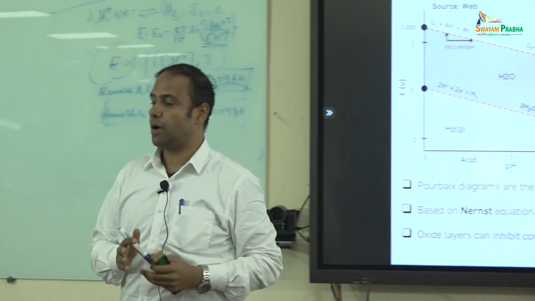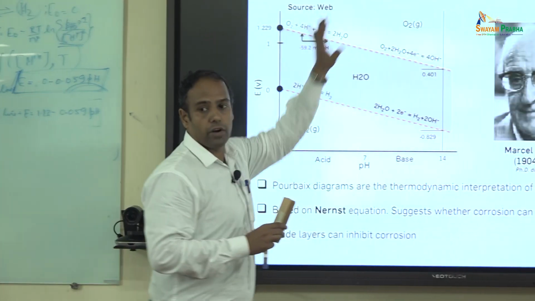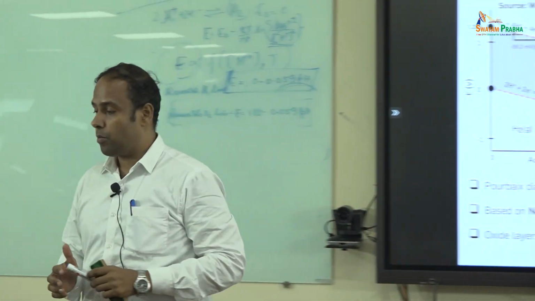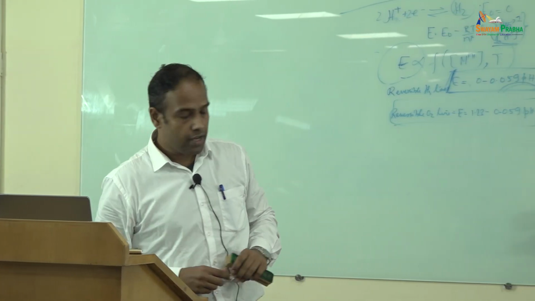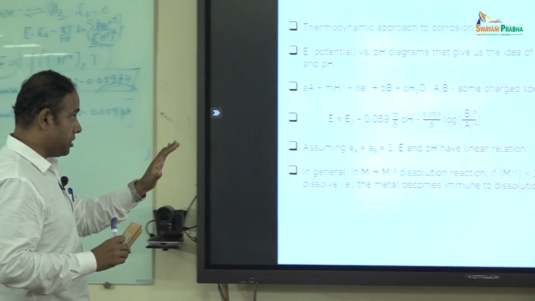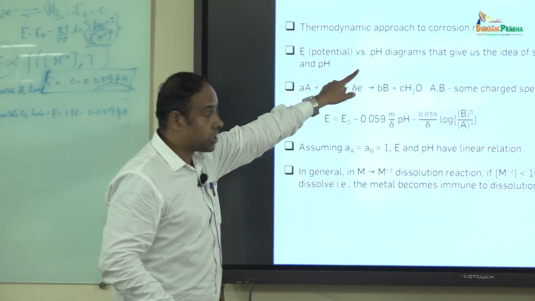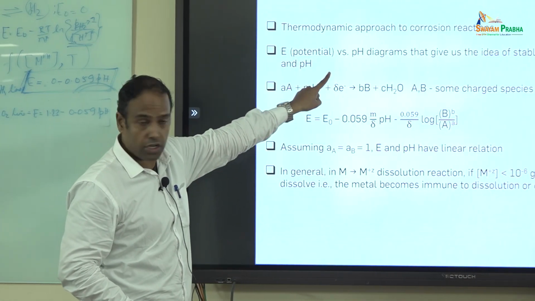Now, where does the metal come in here? If I know where hydrogen is stable, water is stable and oxygen is stable, I can talk about how the metal plays in. I will just give you a quick brief. It is a thermodynamic approach to corrosion reactions. It is nothing but the potential, which is again free energy, versus pH, because you are talking about a water system.